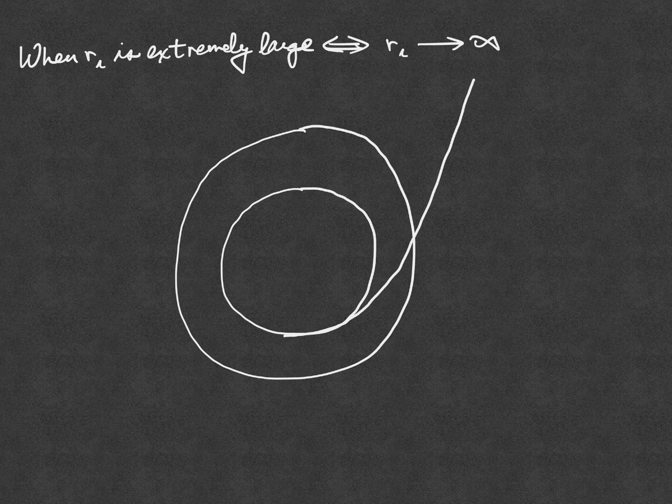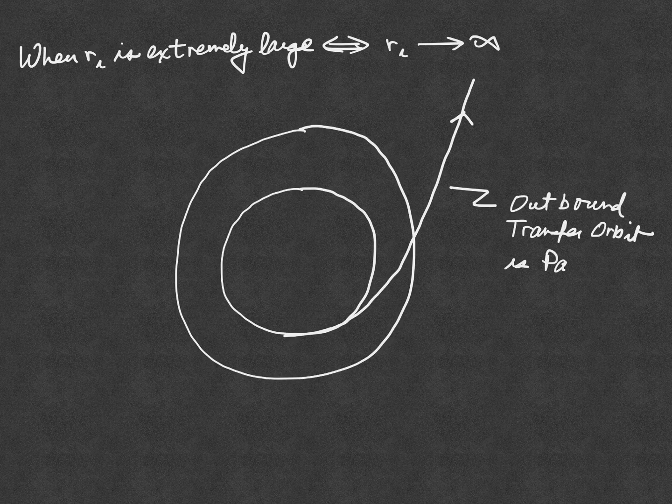So this is an outbound parabola. Similarly, there's an inbound transfer orbit, and the inbound transfer orbit is also parabolic.